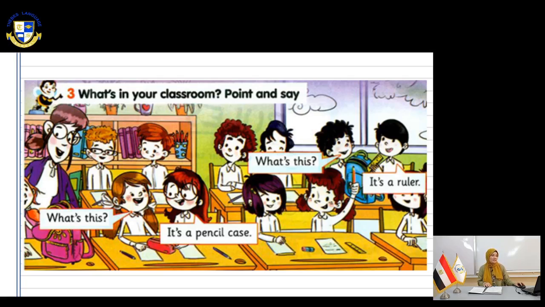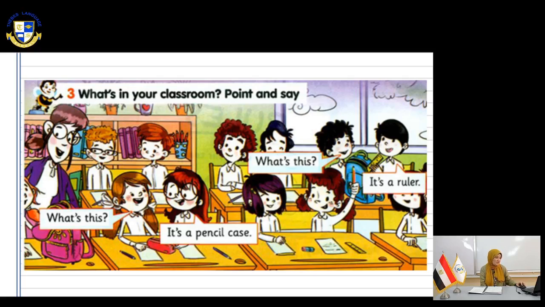Now, at the same page, student book, page 31, we have what's in your classroom. Point and say. We have the teacher and the students in the picture in front of us. The teacher is asking the students about their stationery. What is this? The girl answered, it's a pencil case.